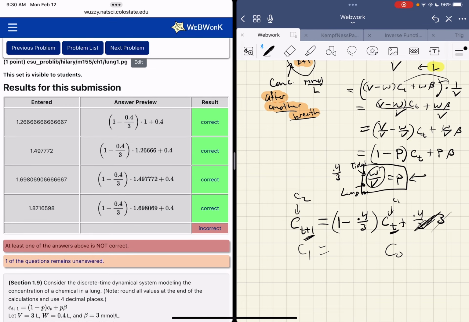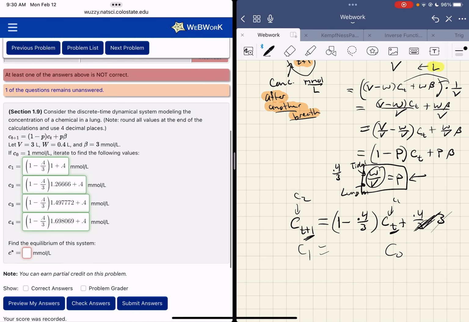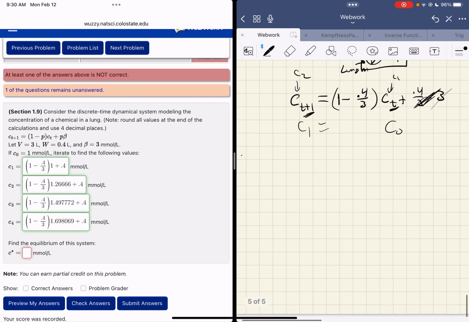Okay. All right. Now, what is the equilibrium value of this system? Now, we could, don't do this, okay? We could find the equilibrium by getting rid of the subscripts on the updating function. 1 minus p c plus p beta.